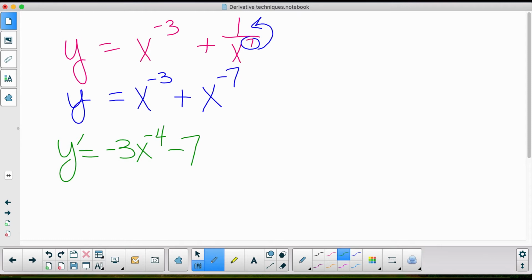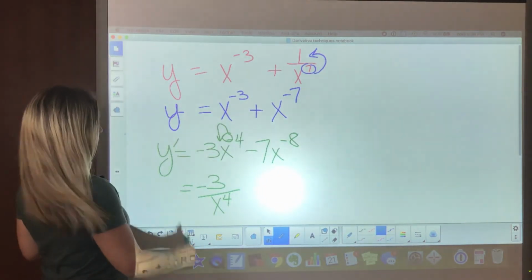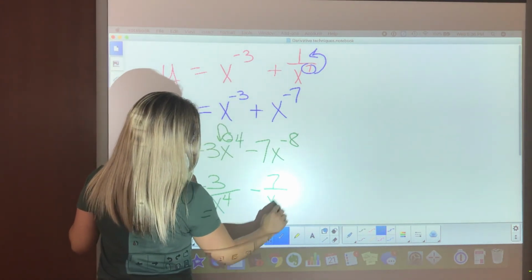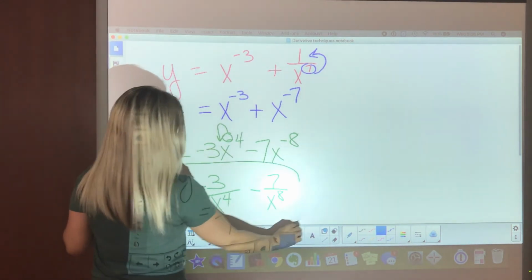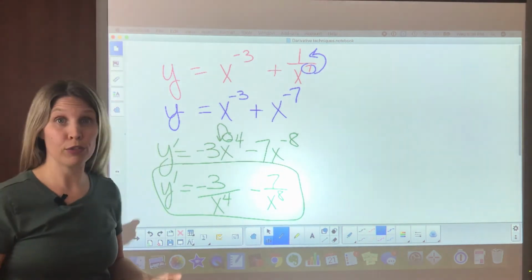So negative 7 comes down here to the negative 8 power. And again, if you need to rewrite without negative exponents, that negative sign tells the guy in front of him, hey you, flip over. So he's going to flip over negative 7 over x to the 8th. And that would be your y prime, your derivative.